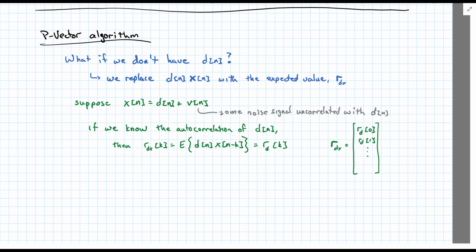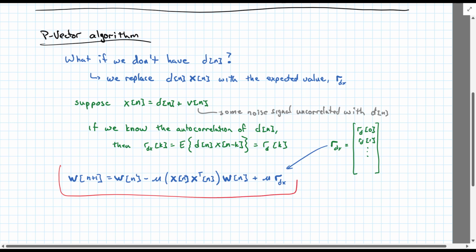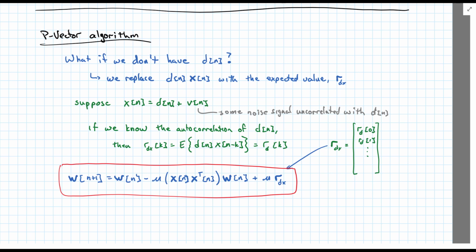So now we have a weight update that looks like this, where this last value r_dx is formed from our autocorrelation of d. Okay, this is the algorithm in general, but in this particular case we have this relationship that we know from d. There may be other cases where we happen to know something about r_dx, but we don't have a particular desired signal at any particular point in time.